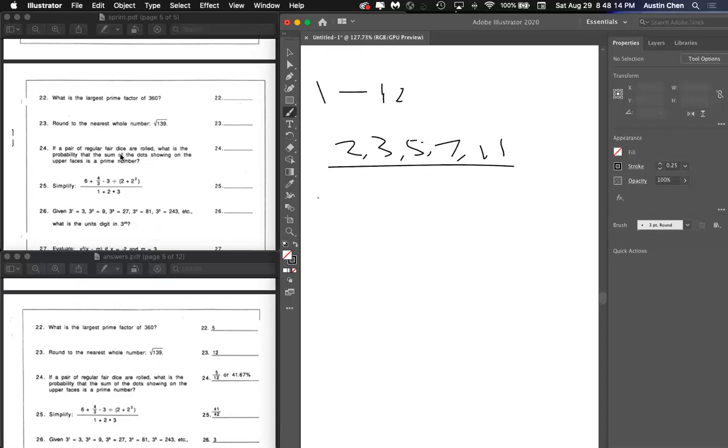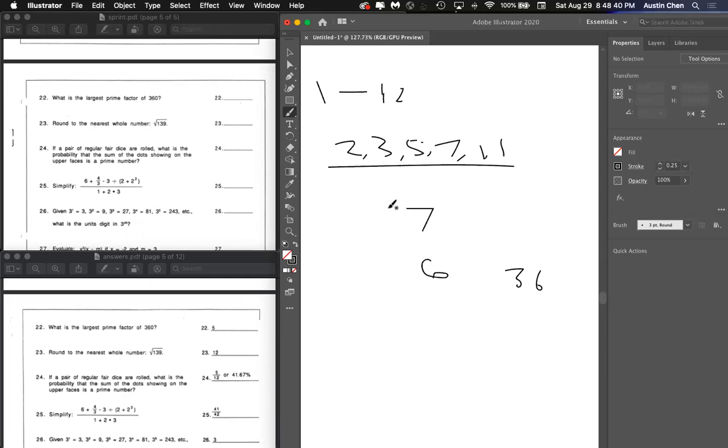What I think of for fair dice rolling probabilities is that 7 is the most probable, with 6 chances. There are 36 possibilities in total, because you have 6 possibilities per die.